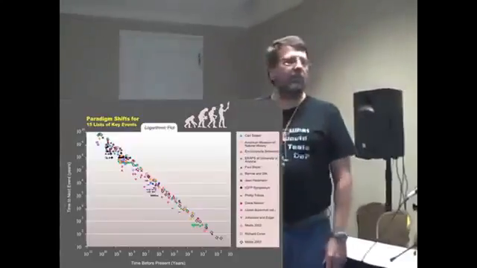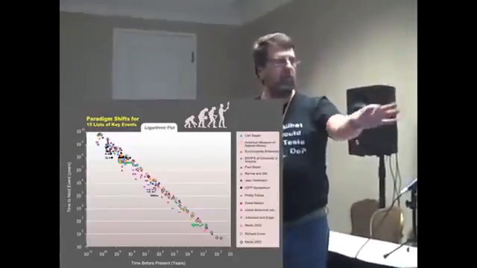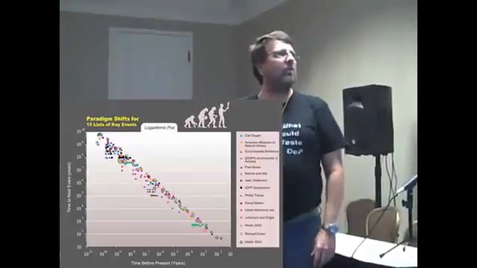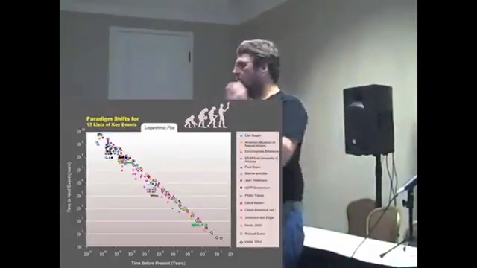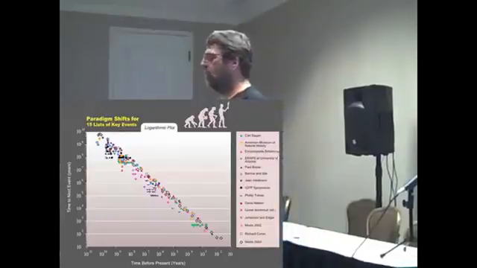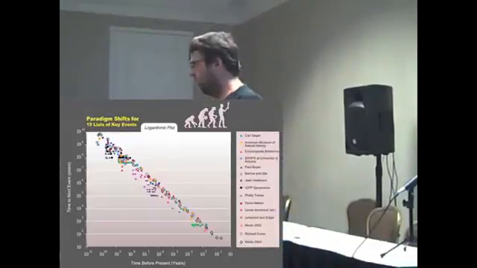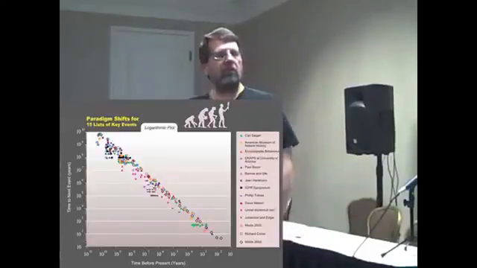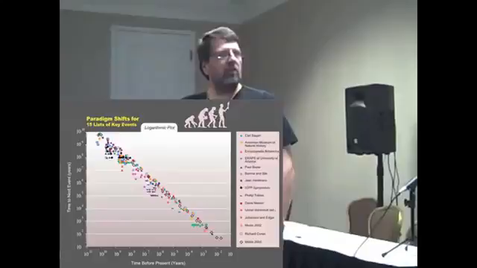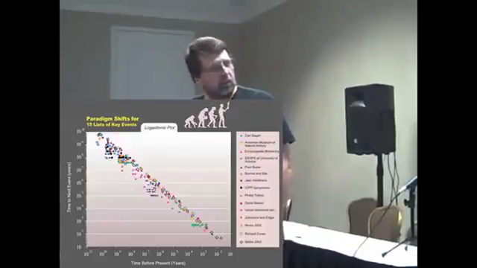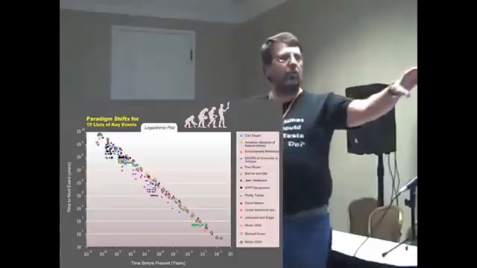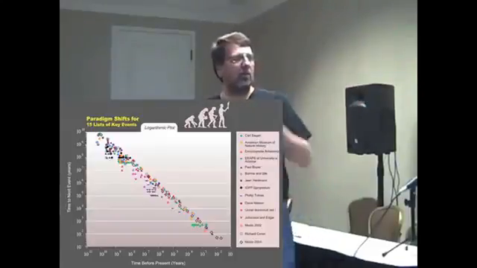He makes the case with this logarithmic plot of key events, major milestones in the development and evolution of mankind, and how much time there is between those key events. He's taken 15 different sources, put them all together, and plotted them up there.